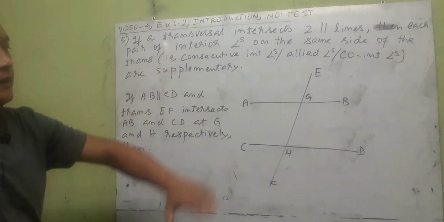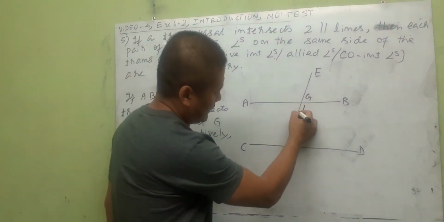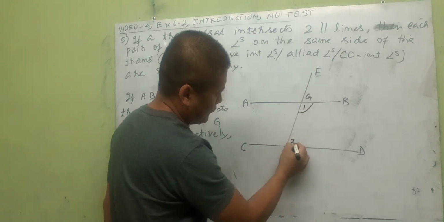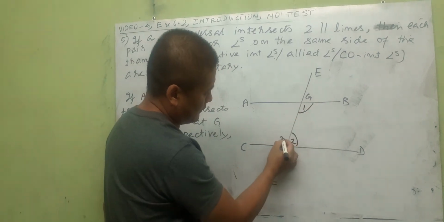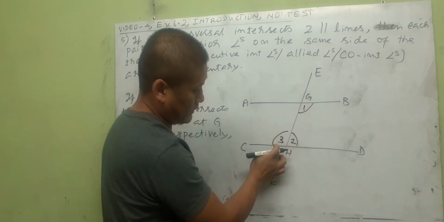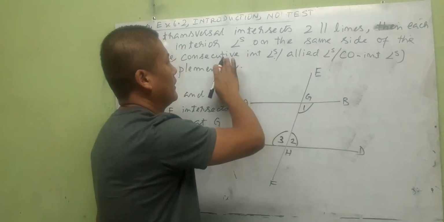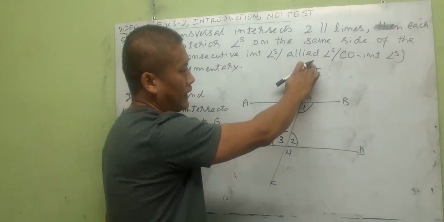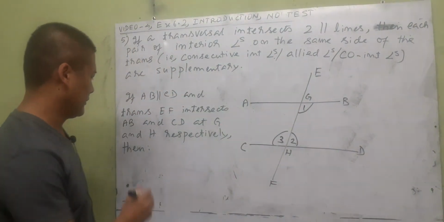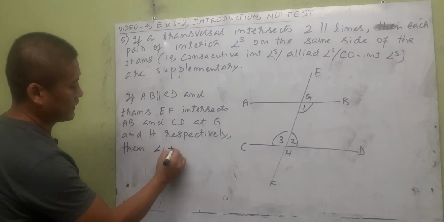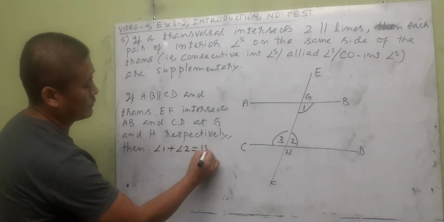Interior angles on the same side of the transversal means this one inside on the right side, 2, and this 1 and 3 here are alternate angles, but 1 and 2 here, both interior on the same side of the transversal, are called consecutive interior angles, or allied angles, or co-interior angles. Supplementary means together they will be 180 degrees.